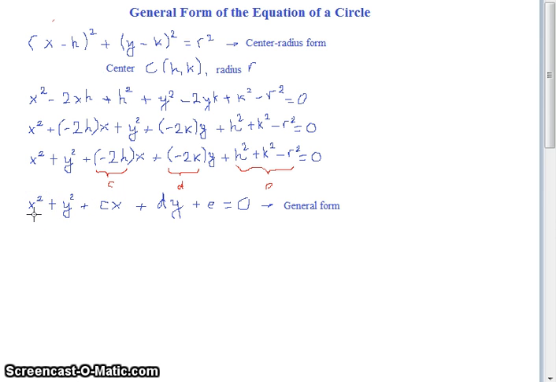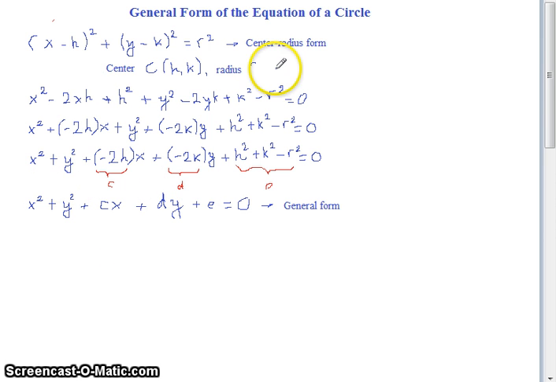So the equation will have the following form: x squared plus y squared plus c times x plus d times y plus e is equal to 0. This form, where the terms are arranged, second degree, first degree terms and 0 degree terms, is called the general form of the equation of a circle.